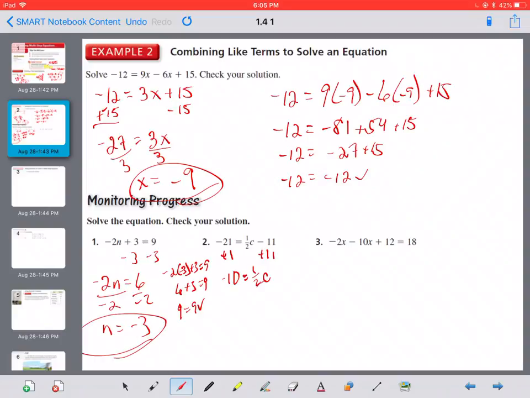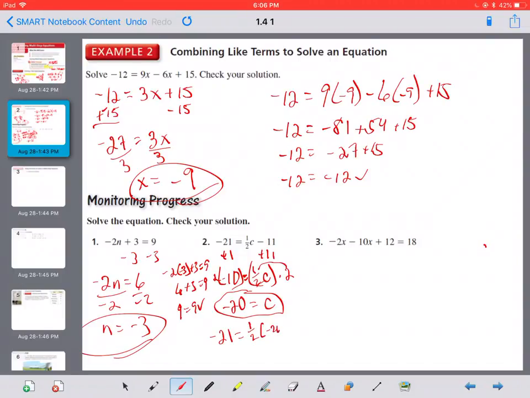So multiplying by 1/2 and dividing by 2 are the same thing. So if we want to undo divide by 2, we would multiply by 2. So I can take this side times 2, and I can take that side times 2. -20 equals 2 times the 1/2 is 1c, so -20 is c.